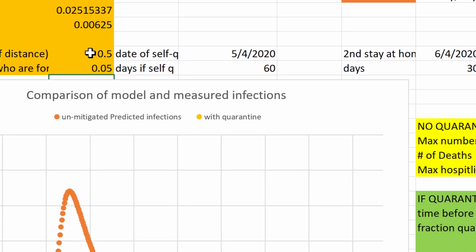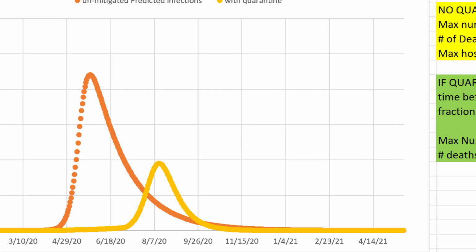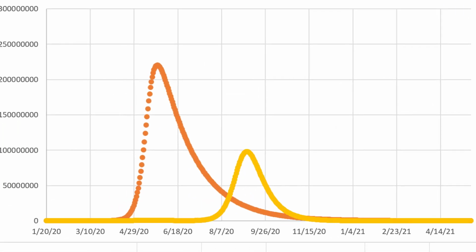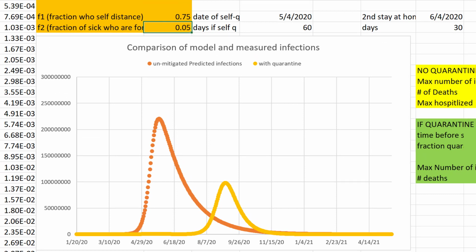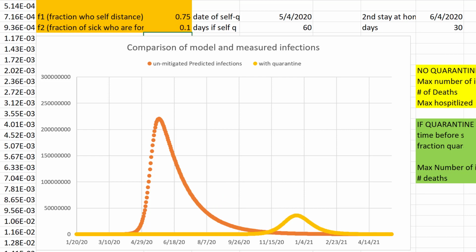The more people we engage in social distancing, the more we push these things away to the right, the more aggressively we quarantine individuals who exhibit symptoms or test positively, the more aggressively we change the location and the magnitude of the peak number of infections.